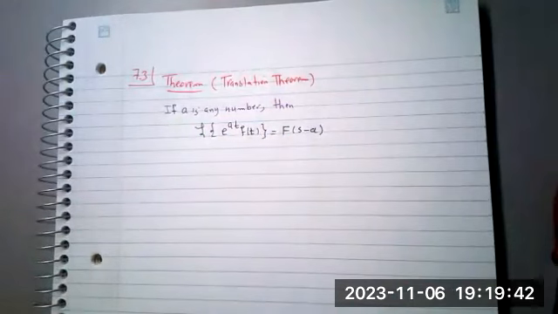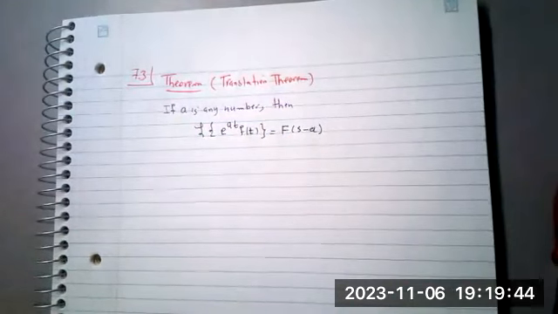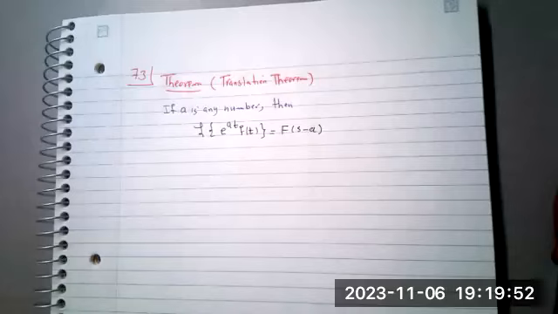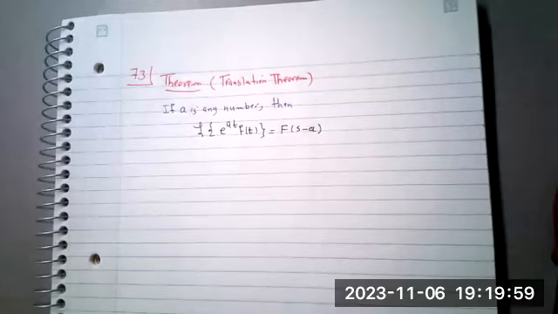So this means if you want to shift the variable in the Laplace transform from s to s minus a, then you have to multiply the function by e to the at. So if you shift s into s minus 2, your function would be e to the 2t f of t.